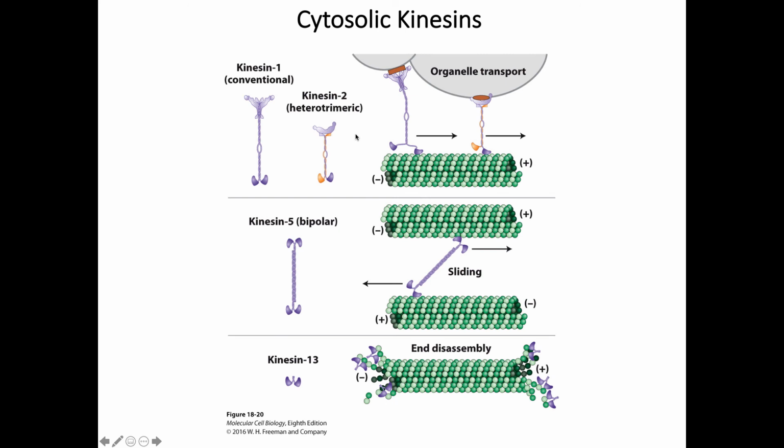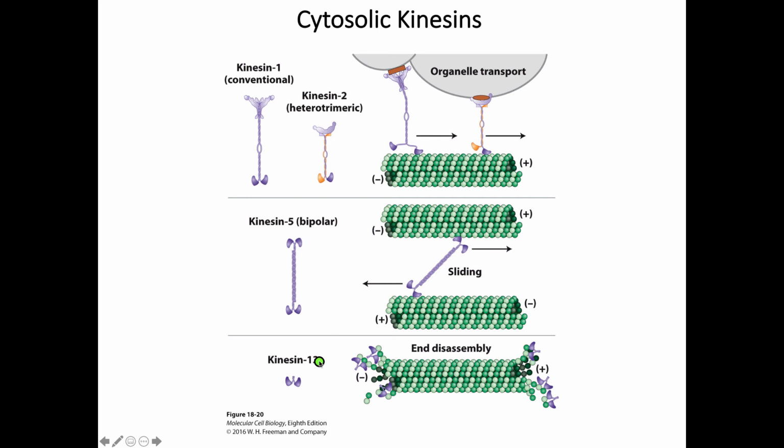Many different things can be attached to that end. The other one is kinesin 2. Here it is a heterotrimer, so other than just a dimer of the same protein, you have 1, 2, and 3 chains, and they are all different. Those are also in the same group. They all transport organelles as well as vesicles from the minus end to the plus end.